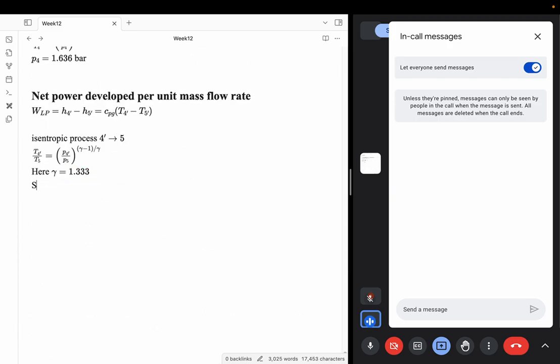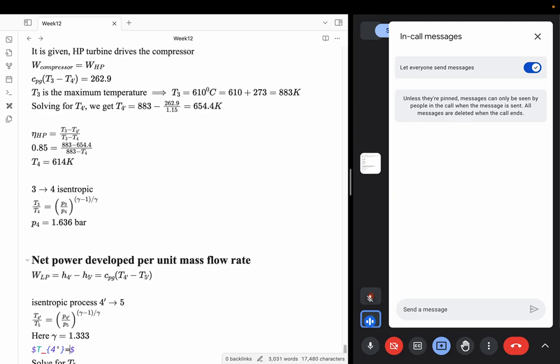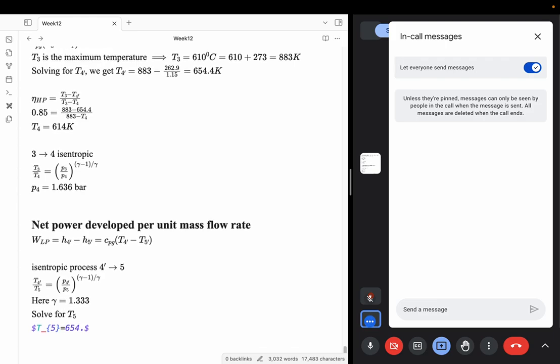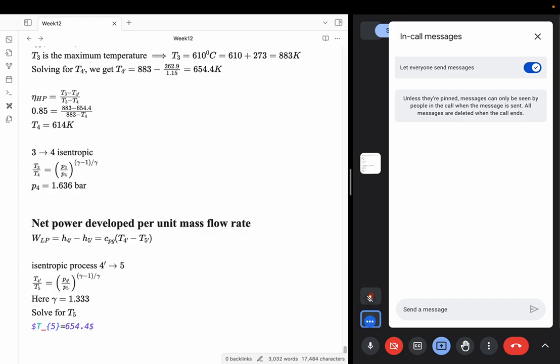So solve for T5. So what are the values? We already know T4 prime. T4 prime is 654.4 Kelvin. So I'll directly write it. T5 is T4 prime, 654.4, times P5 by P4 prime.